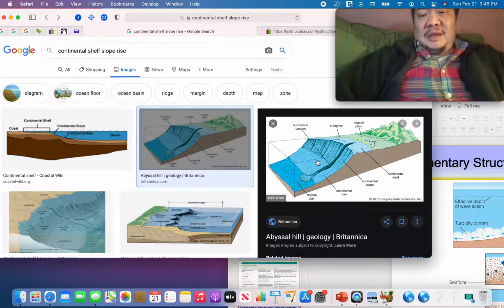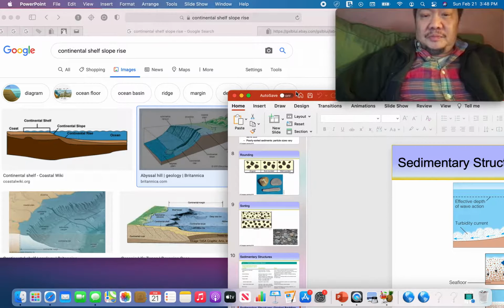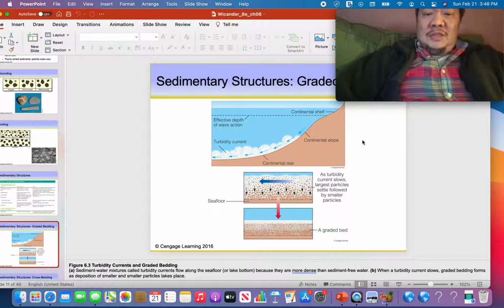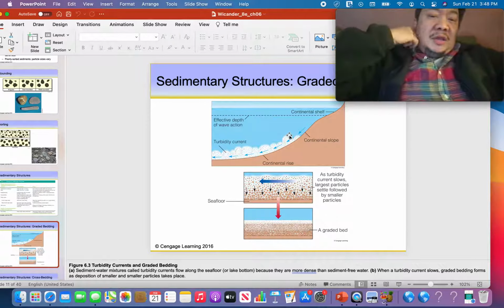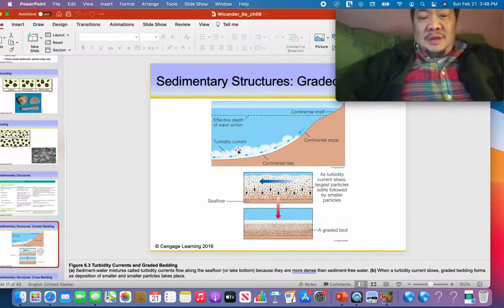And the sediment ends up being deposited onto the continental rise in graded bedding. Let me show you what that means. So here's the sediment from a turbidity current sliding down the continental slope, and the sediments are deposited on the continental rise, and they form this structure called graded bedding.